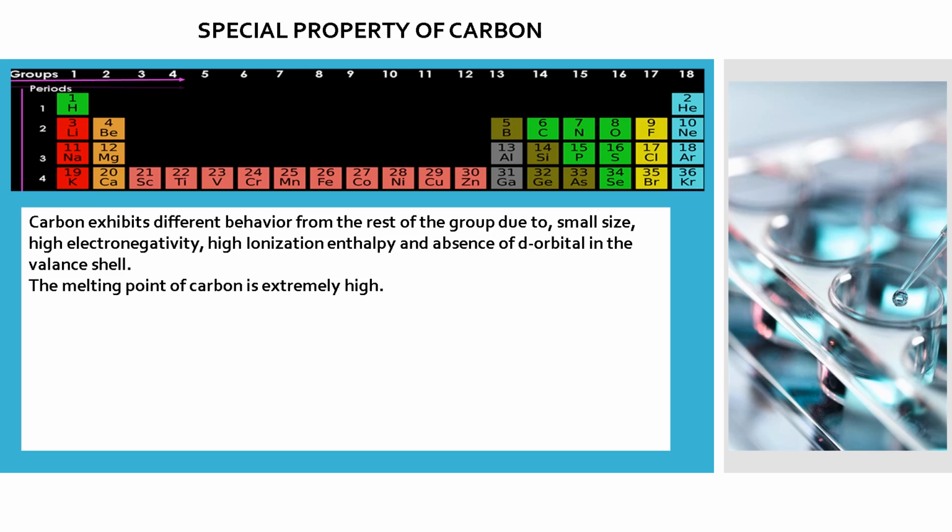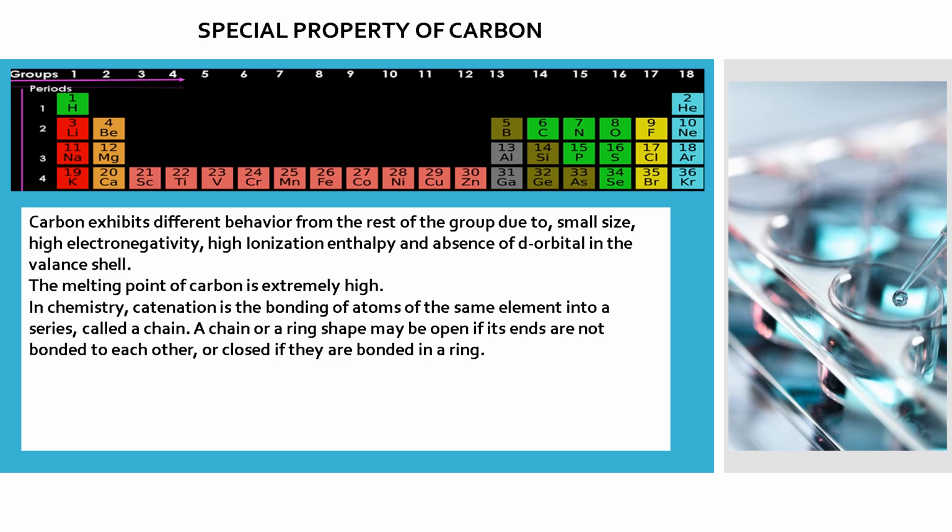In chemistry, catenation means the bonding of atoms of the same element into a series called a chain. The chain can be in ring shape also, which may be open, with ends not bonded to each other, or the chain can be closed into a proper ring.